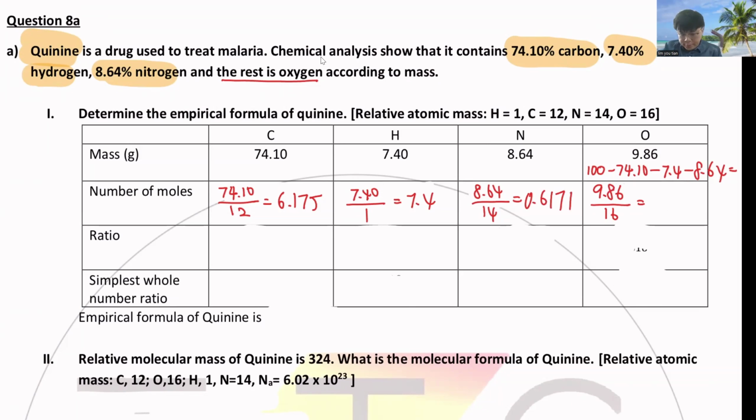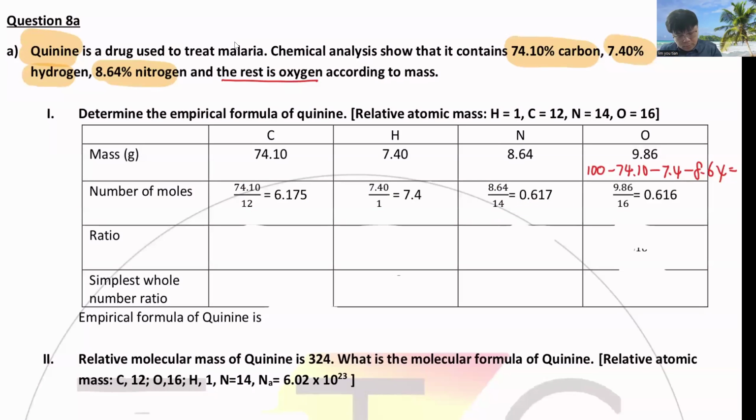Those weird numbers are normal, because in real life you won't get exactly the same number. So I take three significant figures.